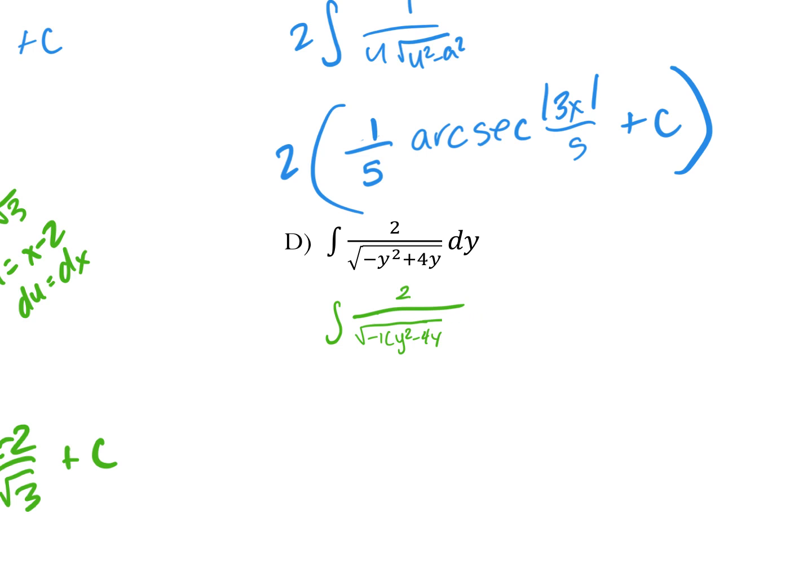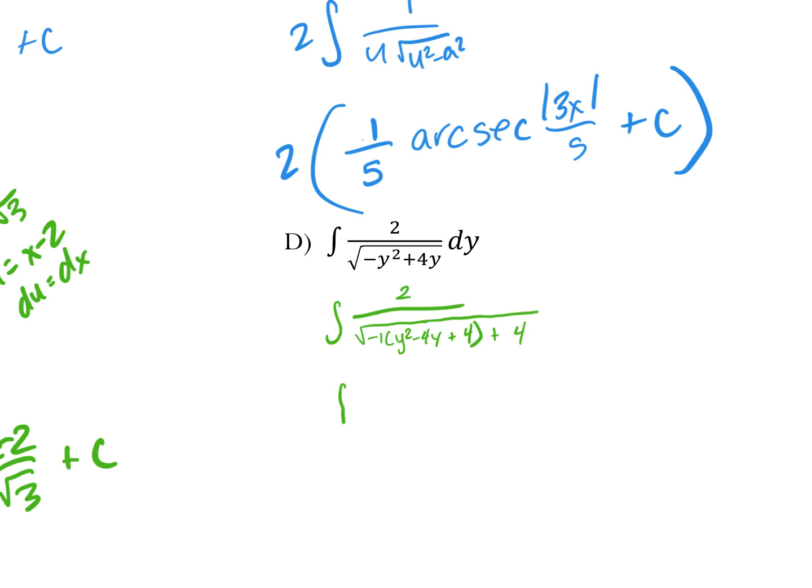So there would be +4 and then -4. Sort of. It would be +4 and +4 because of the negative, yeah.